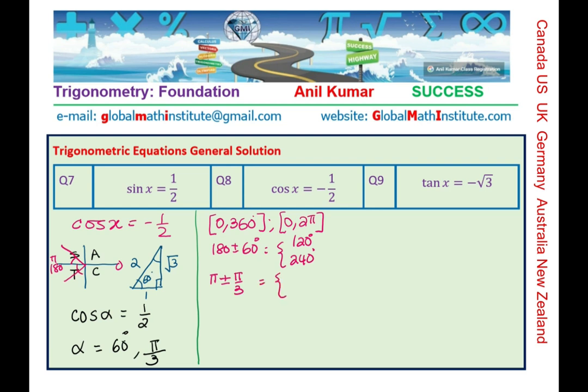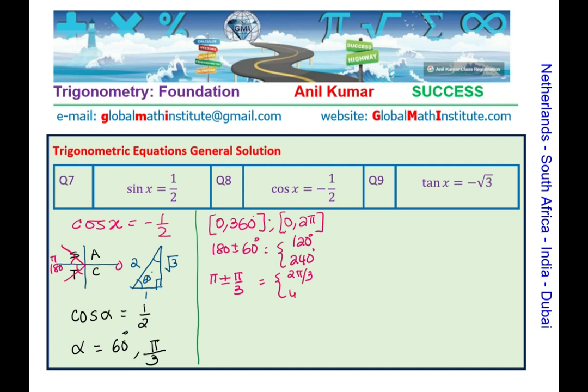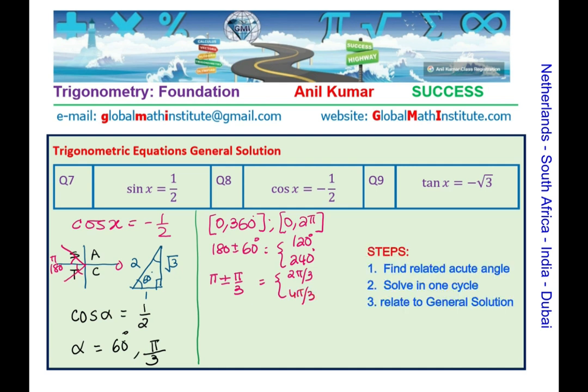And so these two solutions will be 2 pi by 3 and 4 pi by 3. You get the idea. So these are the solutions for cos of x equals to minus half, right? So these are the x values. X value is the angle which we require.